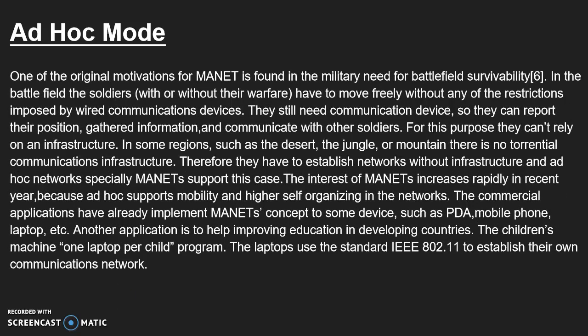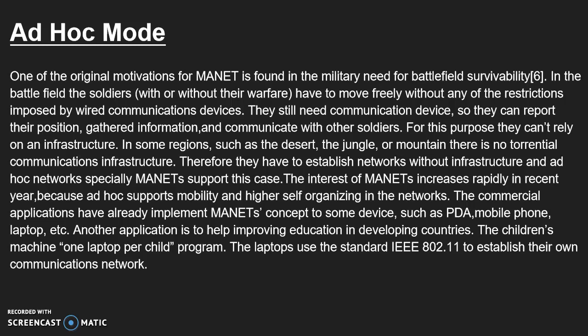Now we will see the motivation behind ad hoc mode. One of the original motivations for ad hoc mode is found in the military need for battlefield survivability. In the battlefield, the soldiers have to move freely without any of the restrictions imposed by a wired communication system.